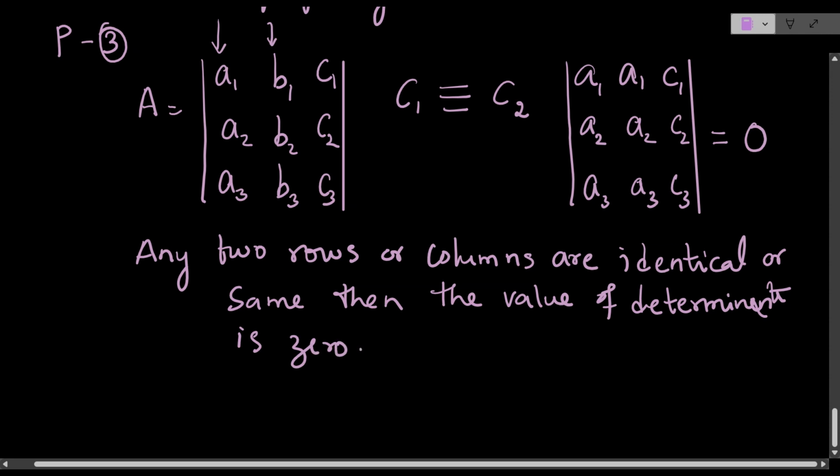Did you understand, students? Any two rows or two columns identical, then the value of the determinant will be 0. This is the third property. Now let us take the fourth property, students.